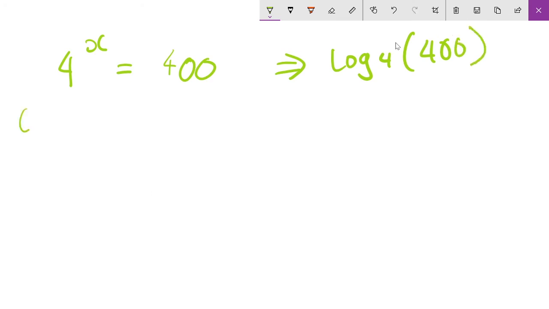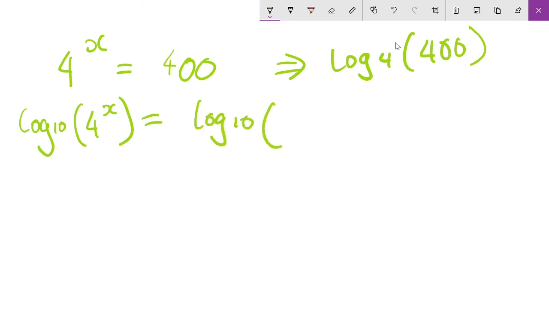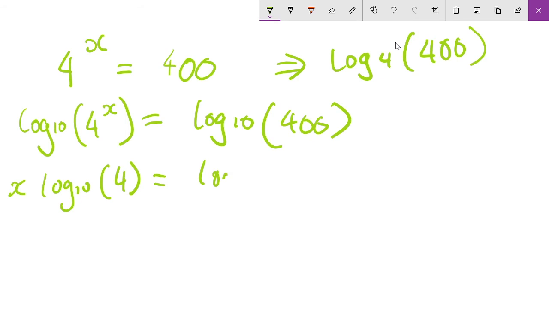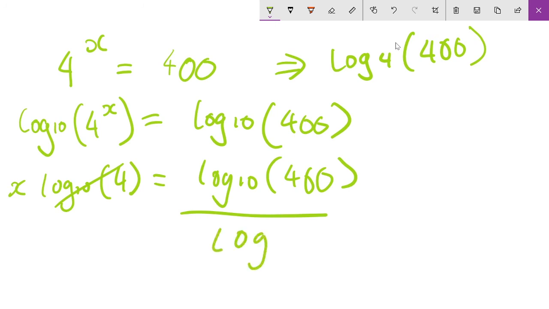Another way is to take the log of both sides, and then you will get x log 4, and then you can divide and you will get the answer.